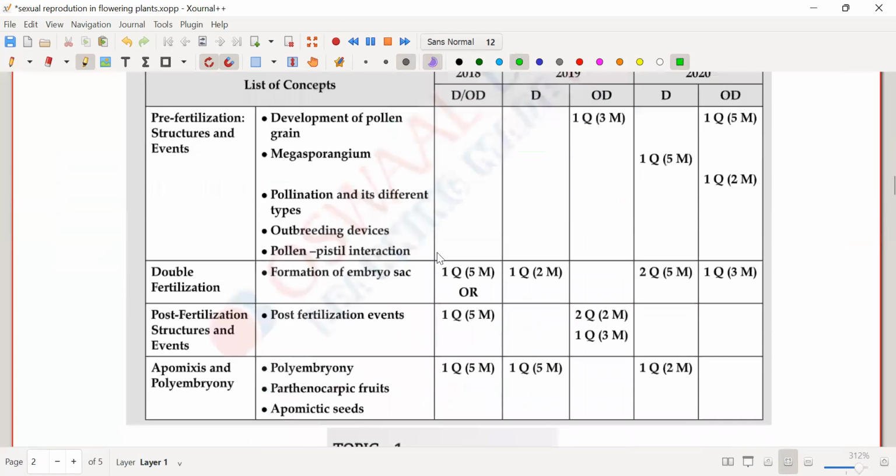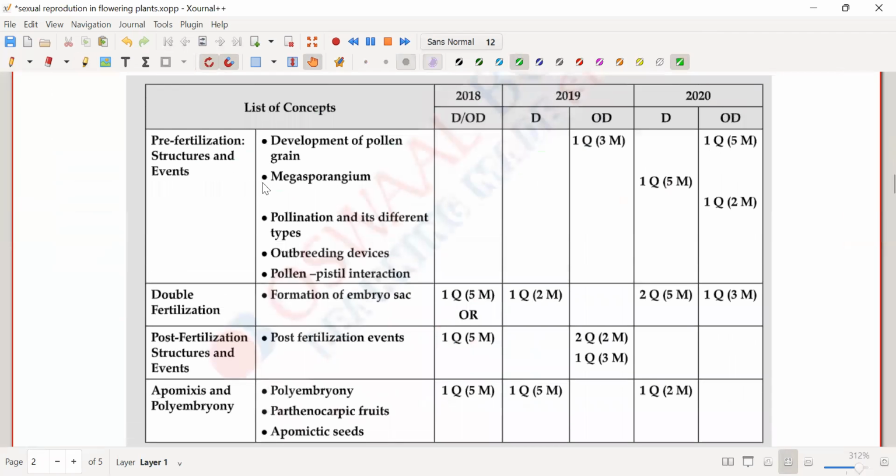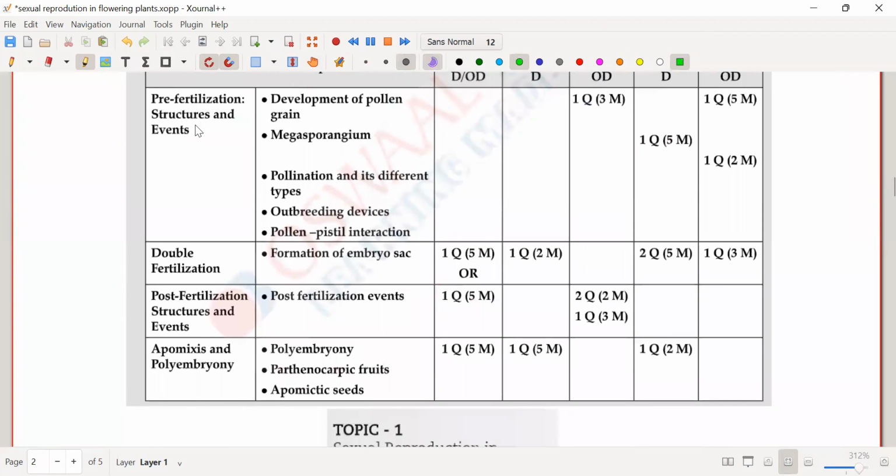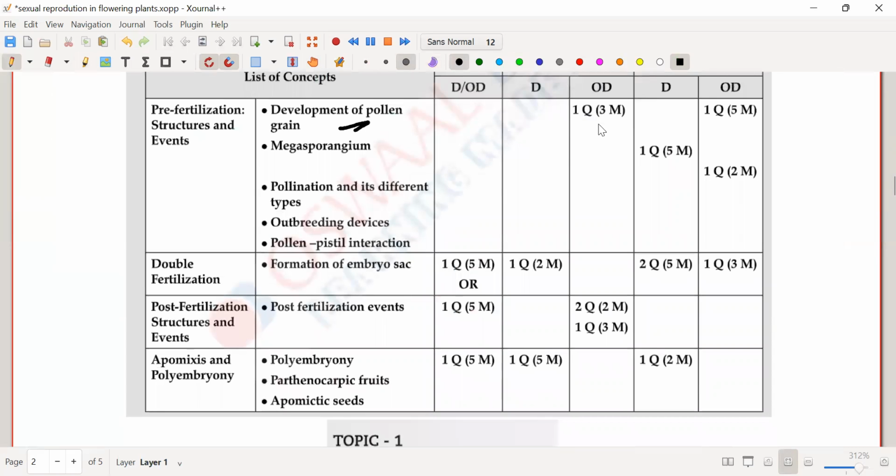This can be divided into different sections. When we see pre-fertilization structures and events, development of pollen could be having one 3-mark or a 5-mark question. Microsporangium, that is ovary, then pollination and its different types, outbreeding devices and pollen-pistil interaction.